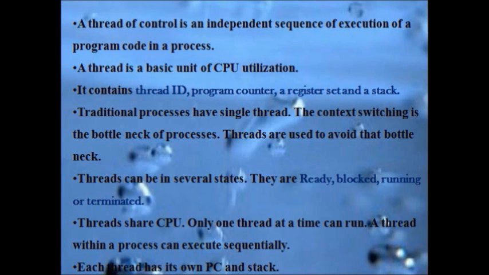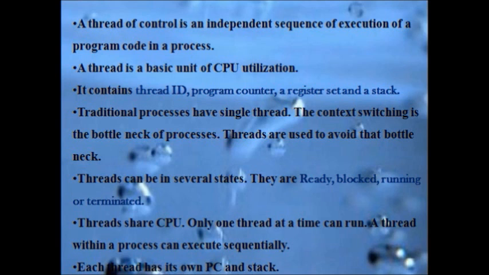A thread of control is an independent sequence of execution of program code in a process. A thread is a basic unit of CPU utilization. It contains a thread ID, program counter, a register set, and a stack.